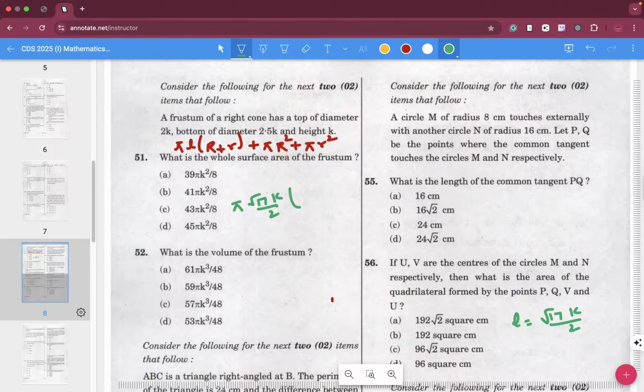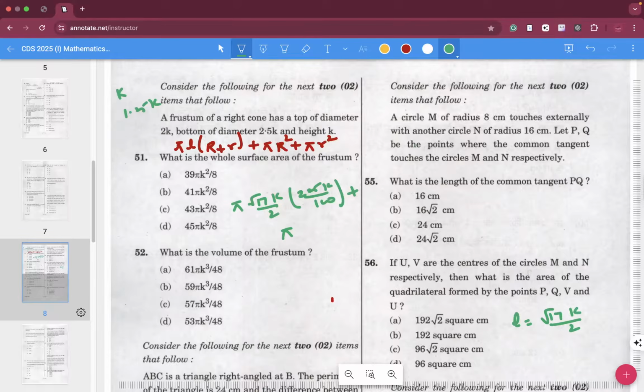One of them is k, another is 1.25k, which means 2.25k. Can I write it like 225k by 100? Plus pi into capital R square.